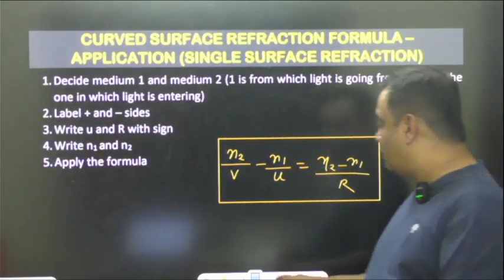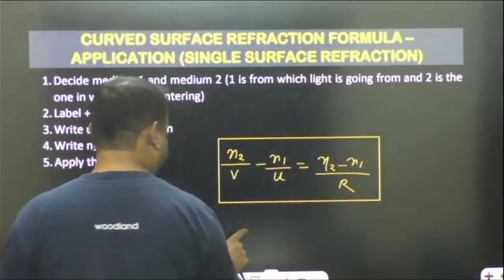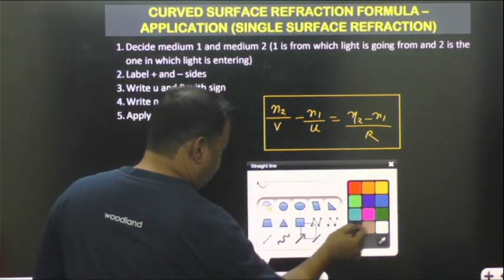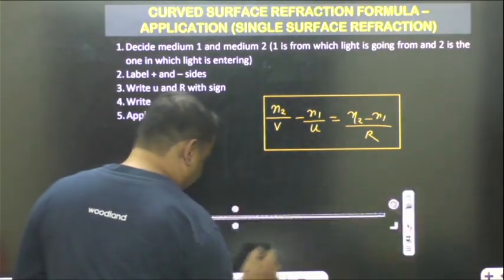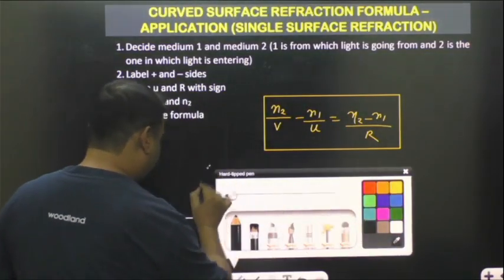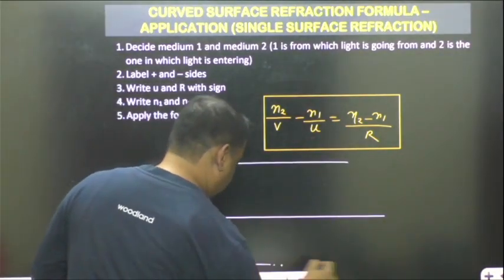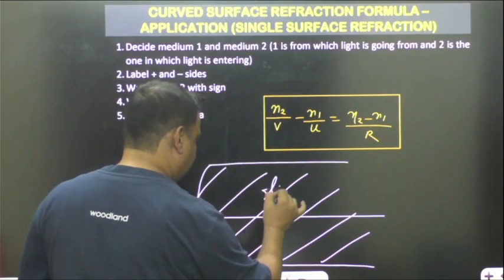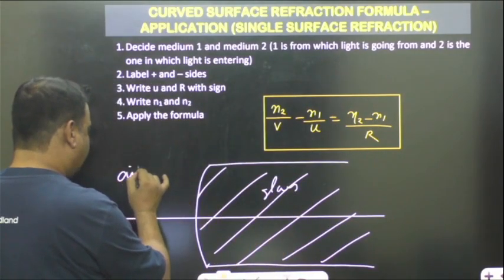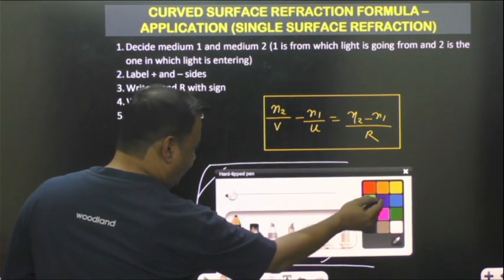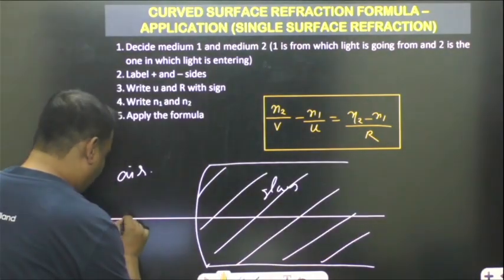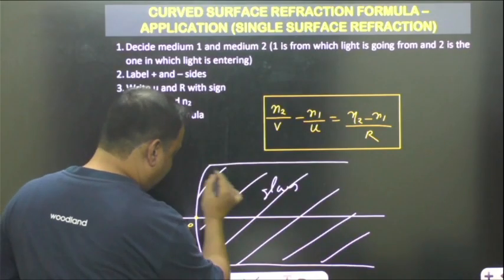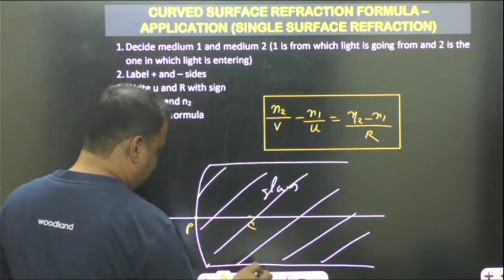So how will you proceed with the curved surface refraction formula for a single surface? Either the diagram will be given, or you can make the cross-sectional figure as we saw in lecture 1. Suppose this is your glass and this is your air, and say this is the object O. We know the pole is the geometric center of the aperture, and the center will come on this side.